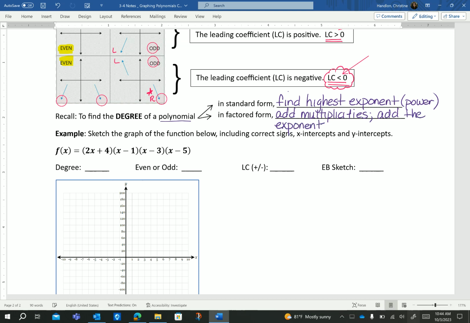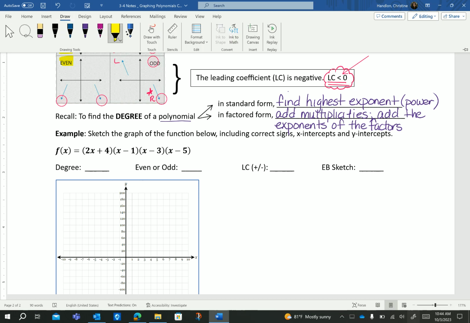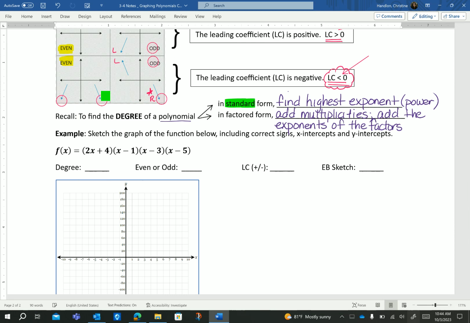Because the multiplicities are the exponents of the factors. So however is easier for you to remember, that's how you need to remember. So please recognize, though, that you have two different forms. It's either standard form or factored form. All right? Okay.